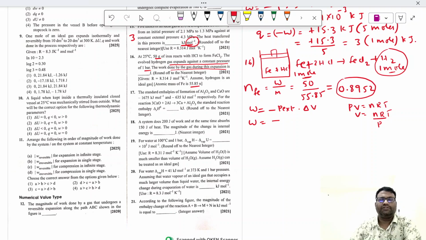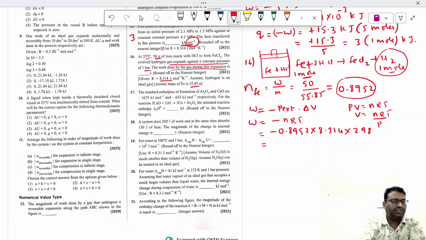So you can take nRT. So minus number of moles, 0.8952, into R value given in the question, 8.314, into temperature. Then temperature given as how much? 298 Kelvin, 25 degrees centigrade. That means 298 Kelvin.